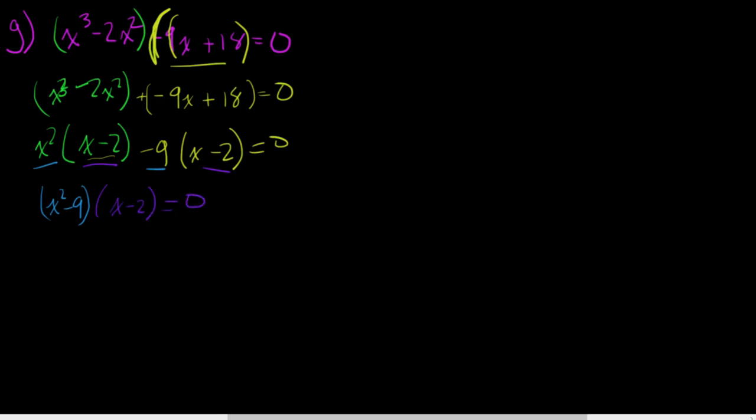x squared minus 9 is a difference of squares, right? So I can rewrite this as x plus 3 and x minus 3. Now I've got three factors. I can set each one of them equal to 0. I add 2 to both sides. I get x is equal to 2.